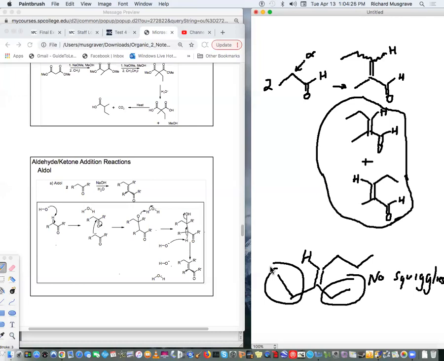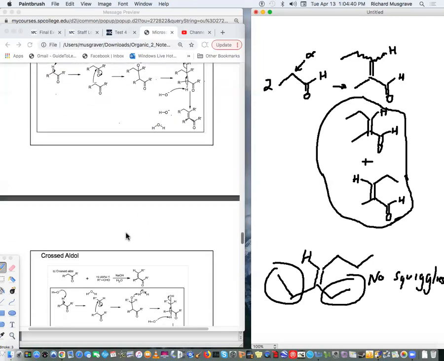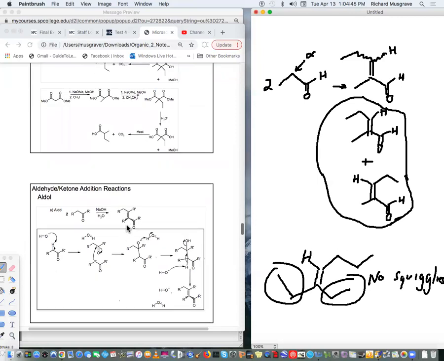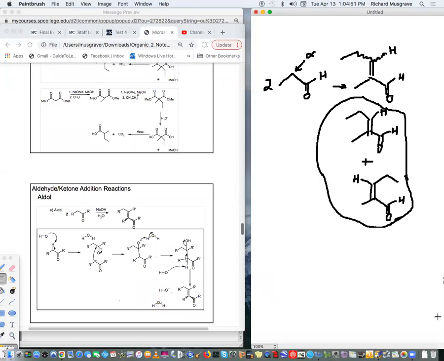I just haven't shown you how you might get it with this reaction, okay? Yeah, it's possible in the crossed aldol, which is this one over here, which we haven't done yet. But I don't know that it's possible with a straight aldol reaction. Okay. So I'm going to go through the mechanism here and show you.